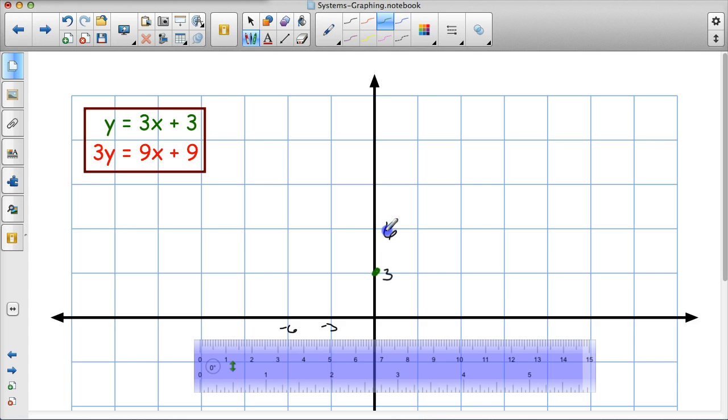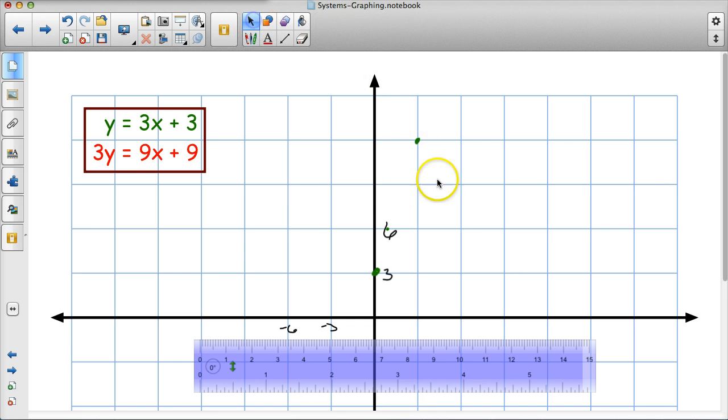Now I want to make sure that I'm fairly accurate here, so maybe I want to go up 3 this way. So I go up 1, 2, 3, and over 1 this way. If you notice, what I really did was go up 9 and over 3. But going up 9 and over 3 is the same thing as going up 3 and over 1.